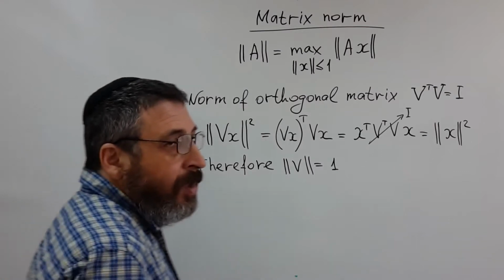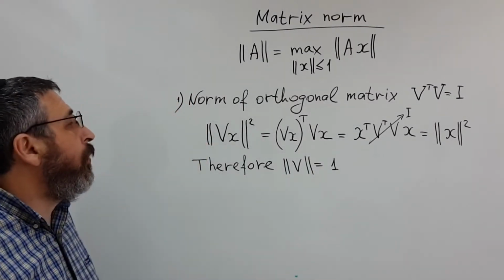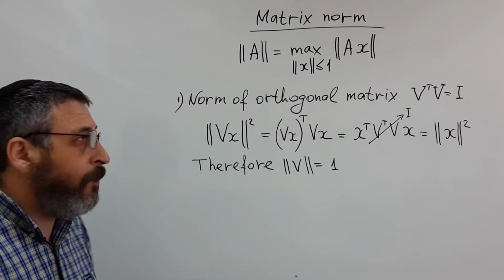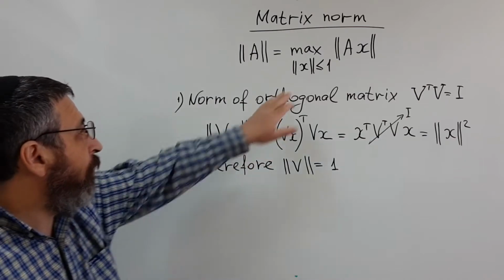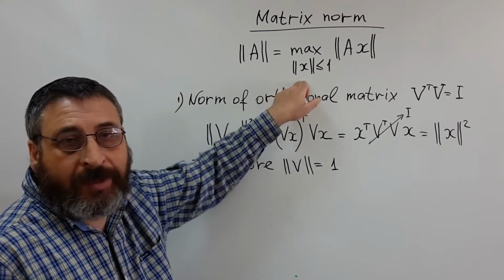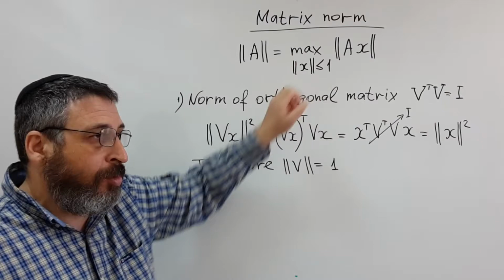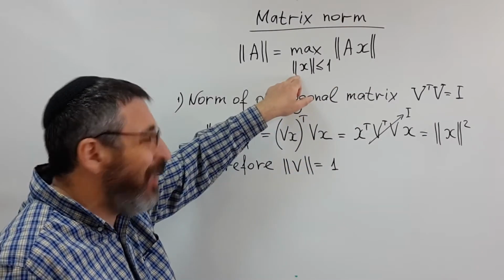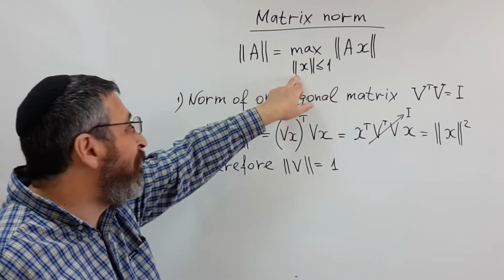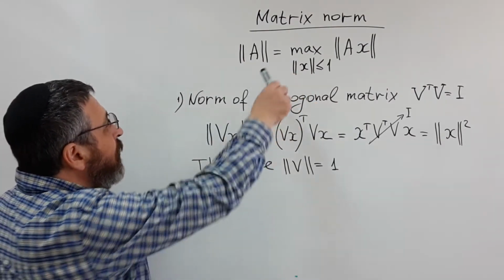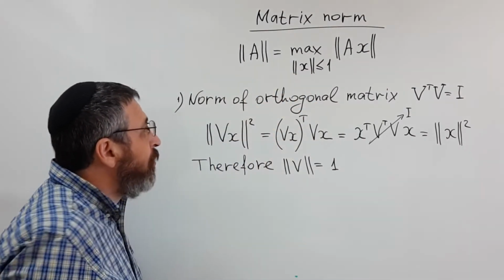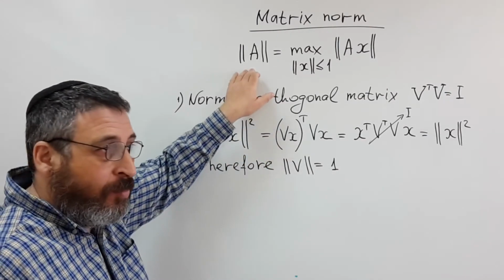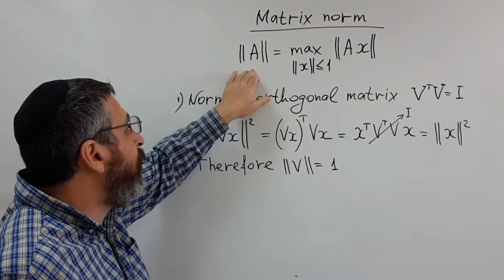Now, let me remind you a few facts about matrix norm. When we write norm here, we mean second norm, square root of sum of squares of elements, when we speak about vector. And what is second norm of matrix, or in other words, operator norm of matrix?